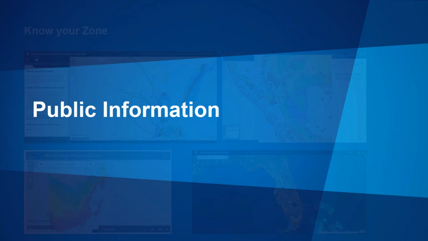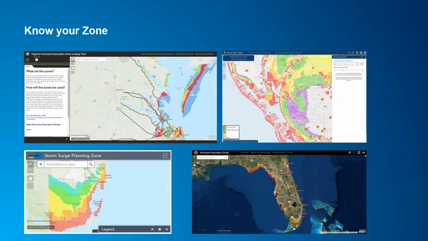Public information, another key area. As Ryan talked about in the beginning, sharing his story, the public is looking for situation awareness information just as much as those in the emergency operations center or from an elected official perspective.